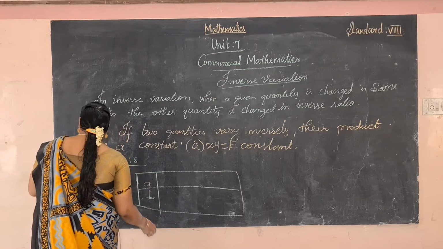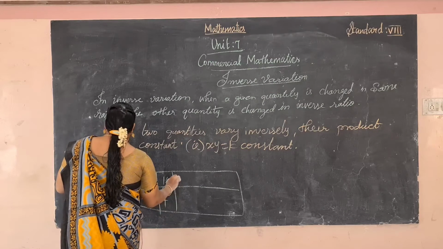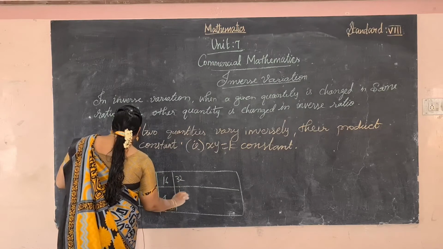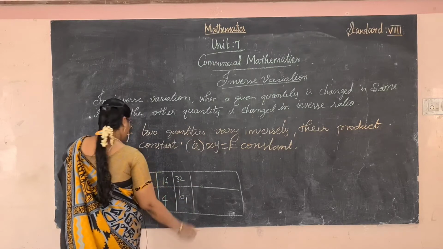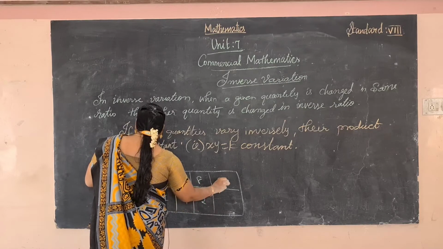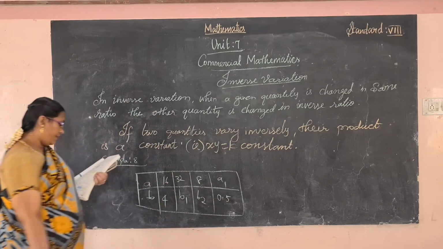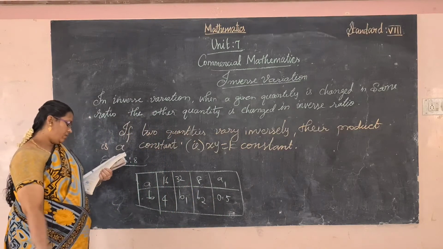A: 16, 32, 8, A1. B: 4, B1, B2, 0.5. You have to find the unknown values.